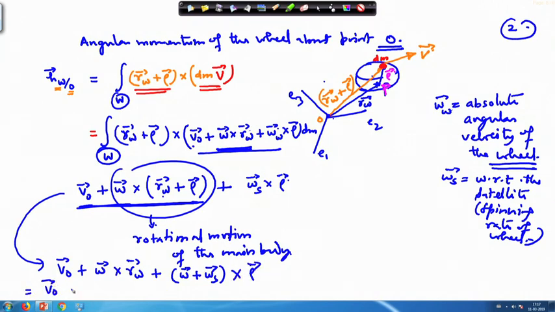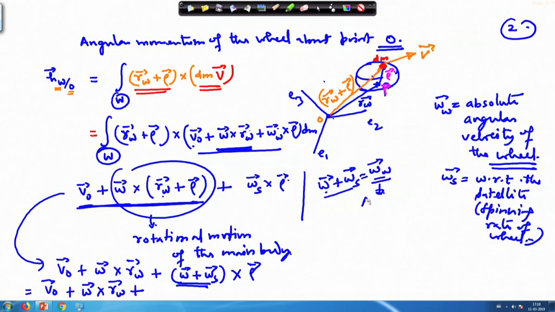So, this becomes v 0 plus omega cross r w plus this quantity, which is the absolute angular velocity. Omega is the angular velocity of the satellite. To this, we add the spin of the wheel with respect to the satellite. So, that becomes the angular velocity of the wheel with respect to the inertial frame, the absolute angular velocity.